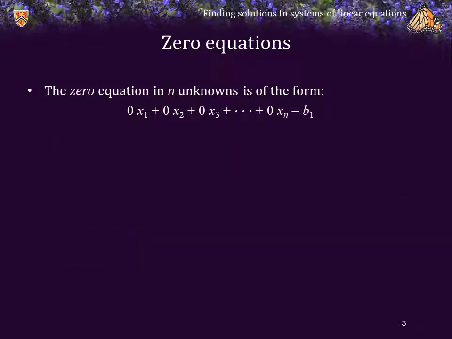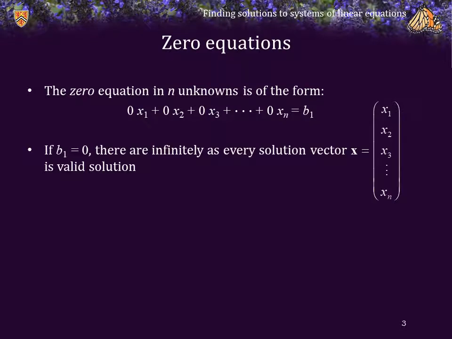Alright, to begin, the zero linear equation in n unknowns is of the form 0 times each variable summed is equal to the target value b sub 1. Now, if b sub 1 is equal to 0, then there are infinitely many solutions, as every solution vector x is a valid solution.